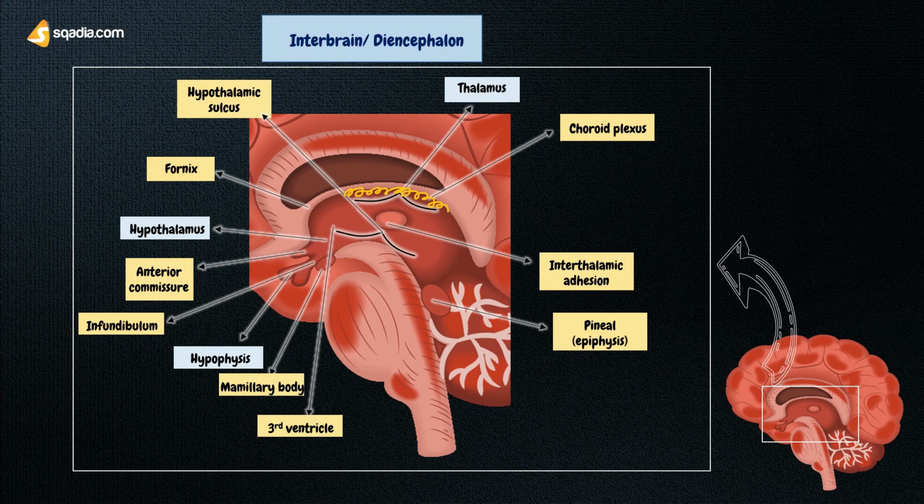In hypophysis, there are 2 lobes: anterior lobe, also known as adenohypophysis, and posterior lobe, also known as neurohypophysis. In the adult brain, the diencephalon is involved in endocrine functioning and acts as a relay station for sensory information and somatic motor control via the thalamus.